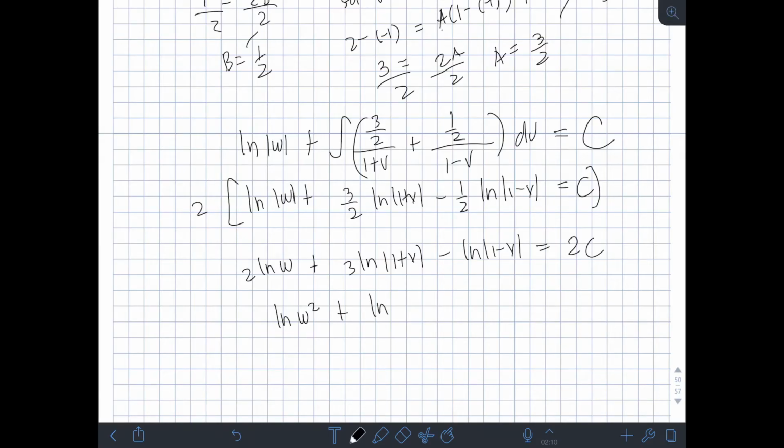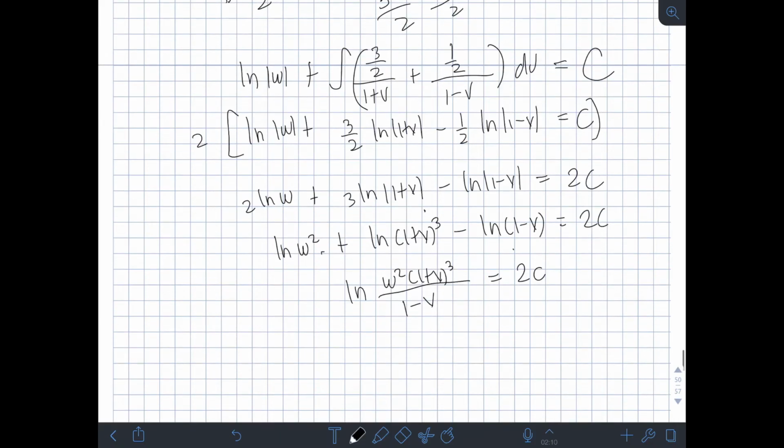Then, plus ln 1 plus V cube minus ln 1 minus V equals 2C. So, magiging ito product, ito quotient. So, magiging ln W square times 1 plus V cube over 1 minus V equals 2C.